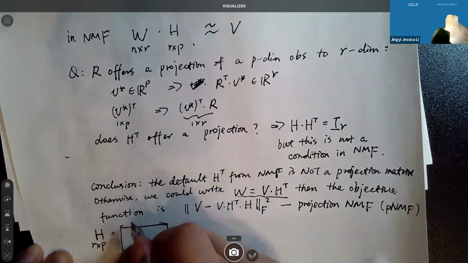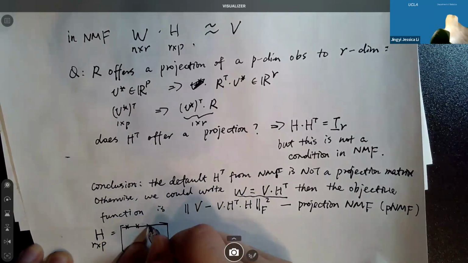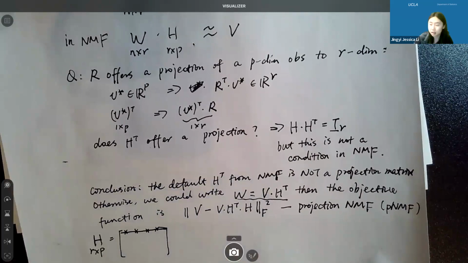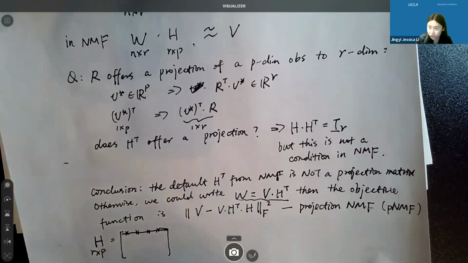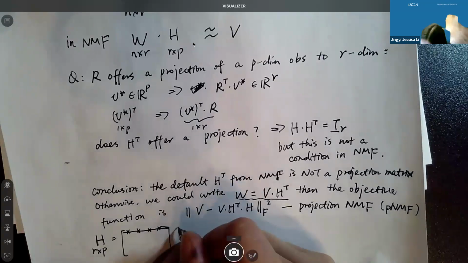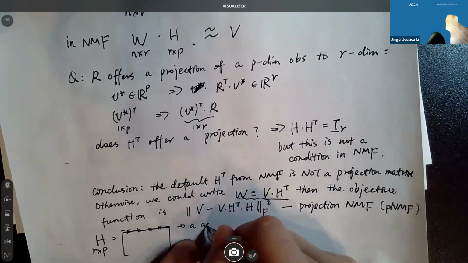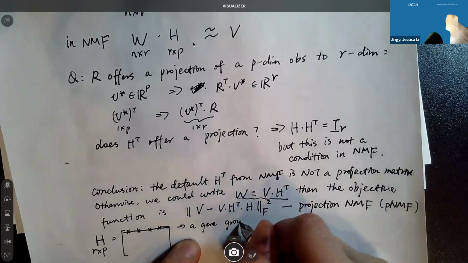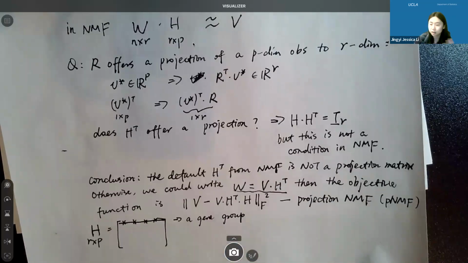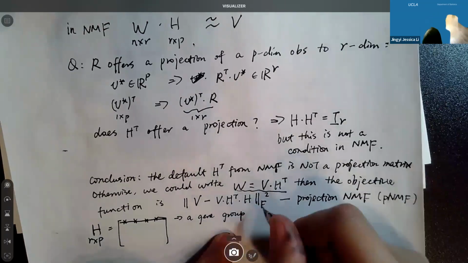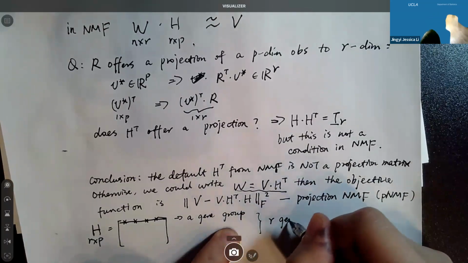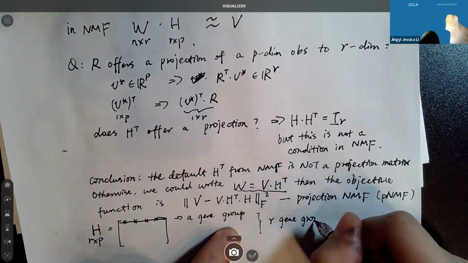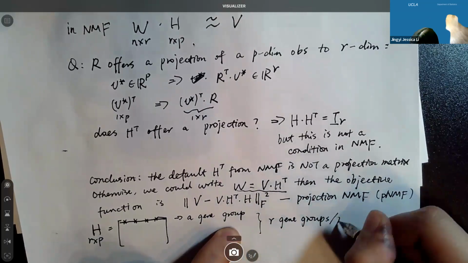For those with non-zero loadings, like in single cell data where the P features are P genes, we can call this a gene group. These genes may be functionally related. So we basically found R gene groups, or some people may want to call them modules.